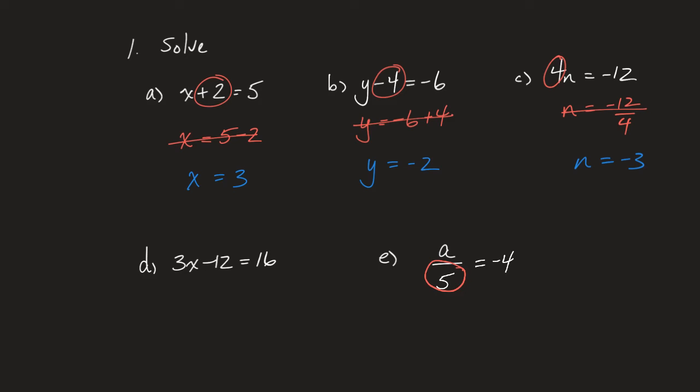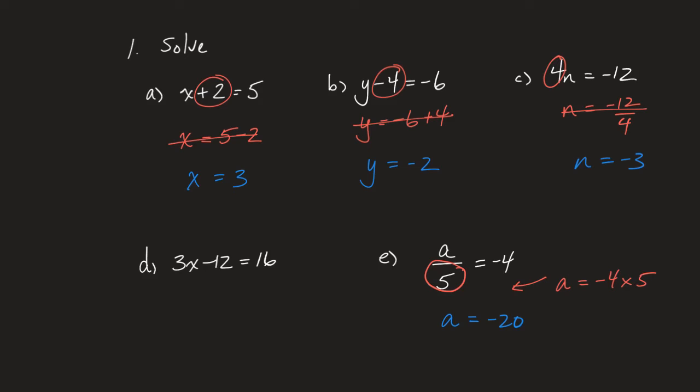So how do I get rid of divide by? I multiply. Okay, well, negative 4 times 5 gives me my negative 20, and I can skip over that red line. Yes, you're okay to write that in, but I want us to try to skip over it as soon as we can.